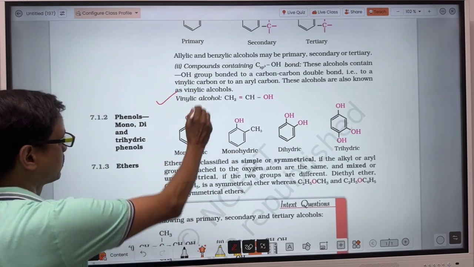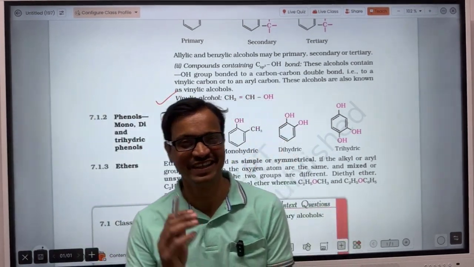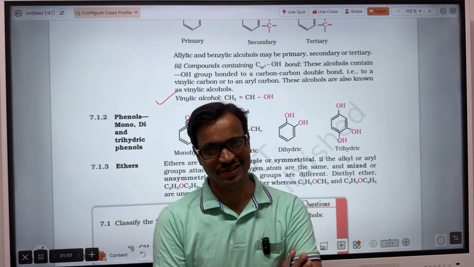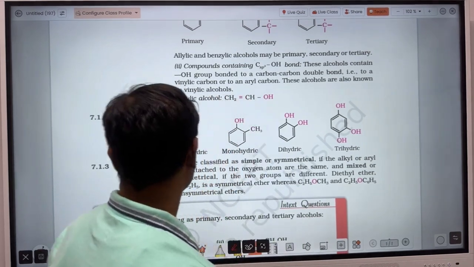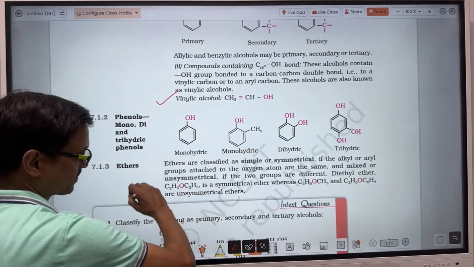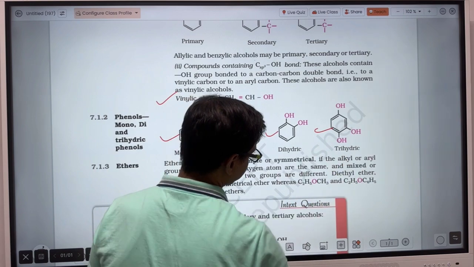So that is vinylic alcohol. And about phenol, in the introduction we have already discussed that the OH is directly bonded to the benzene. That is further classified into monohydric, dihydric and trihydric.